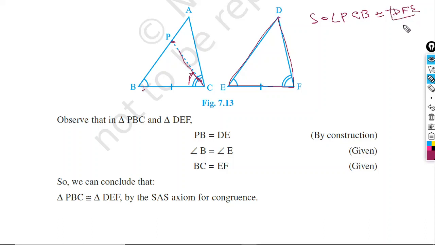Why? CPCT. Because these two triangles are congruent, their corresponding parts are equal. We write it short as CPCT. This is what you are going to use very often.